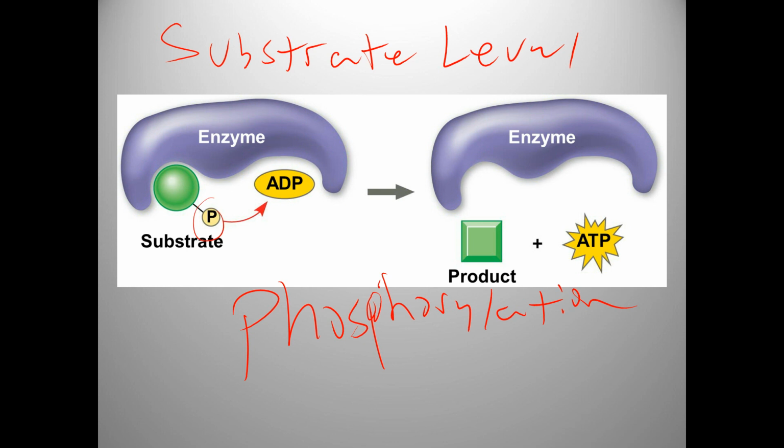Both of these bind to their respective binding sites, the active sites of the enzyme. And you have the transfer of the phosphate group from the substrate to ADP, which now becomes ATP. So you have substrate-level phosphorylation.